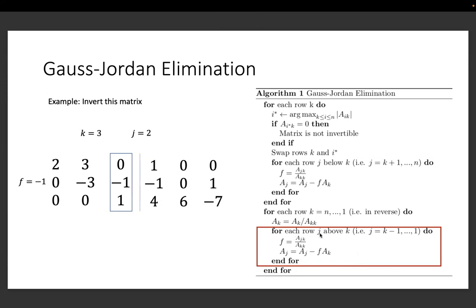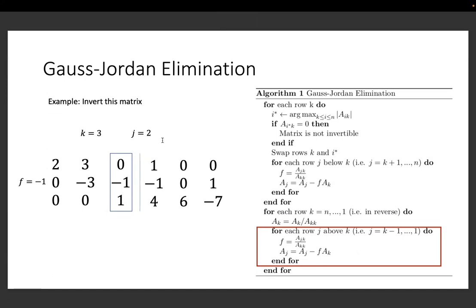So in this for loop that we have, for each row j above the k, which means that j should start with k minus 1 down to 1, we need to have a similar formula to what we had here. At first, we need to compute the scale factor, which is equal to A jk.